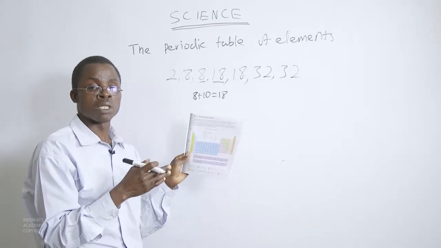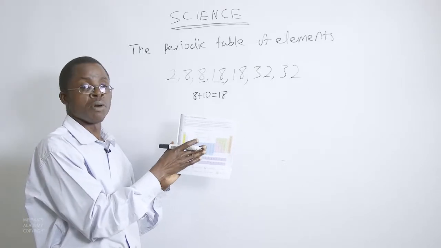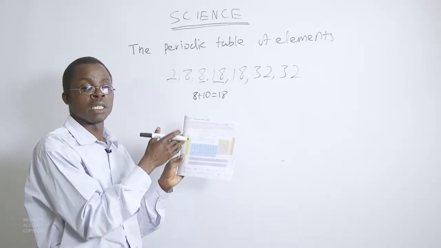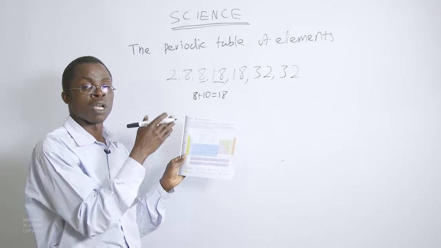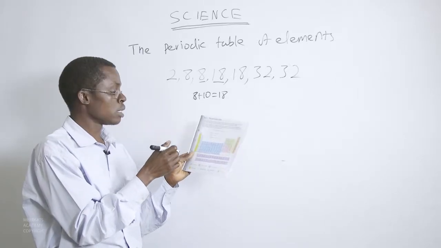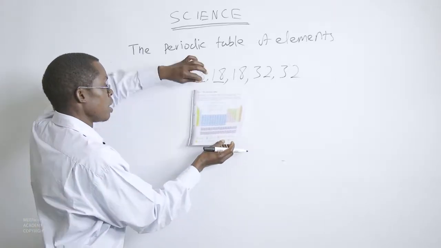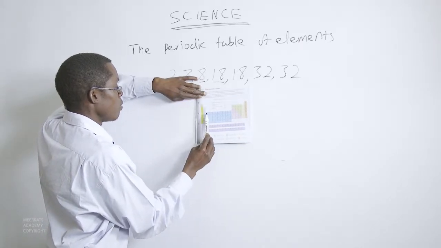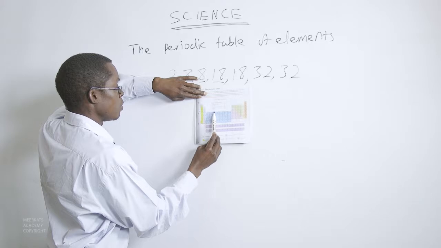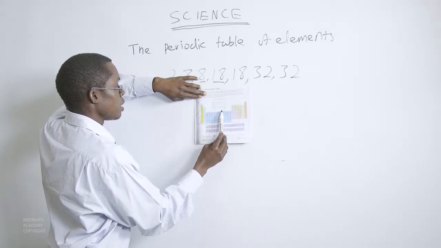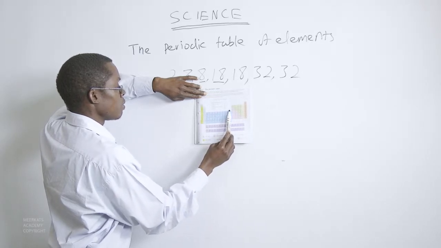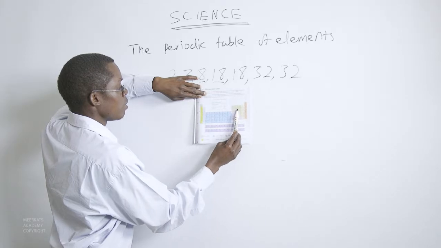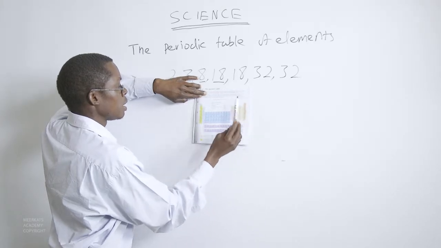Now this explains why our periodic table has 18 groups or 18 columns. Let's confirm, if there are truly 18, we have 1, 2, 3, 4, 5, 6, 7, 8, 9, 10, 11, 12, 13, 14, 15, 16, 17, 18.